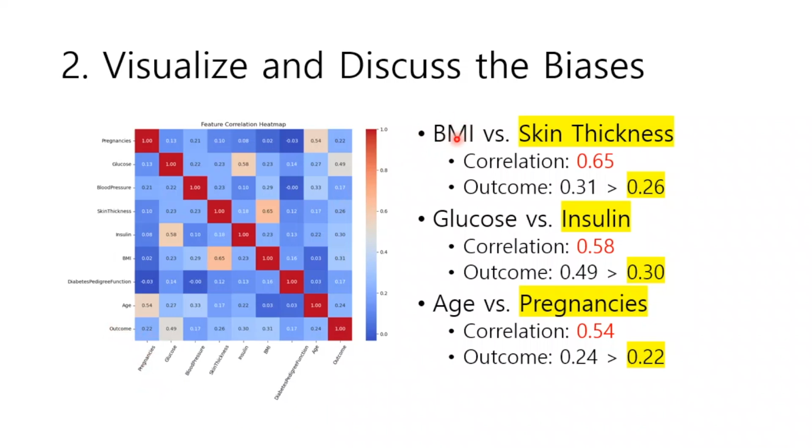For example, BMI and skin thickness have a moderate to strong correlation of 0.65. As a general rule of thumb, the feature with a higher correlation with the outcome would be retained. In this case, skin thickness would be removed for it has a lower correlation of 0.26 with the outcome versus BMI's correlation of 0.31 with the outcome.